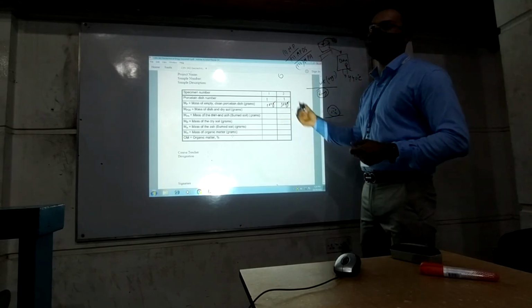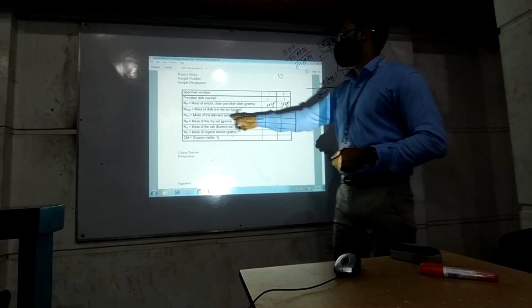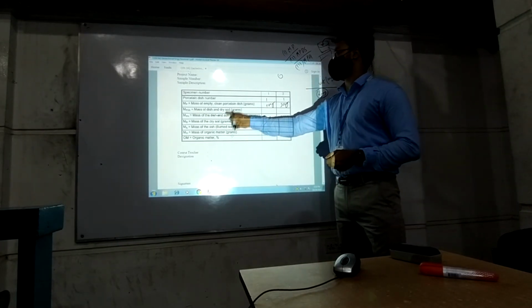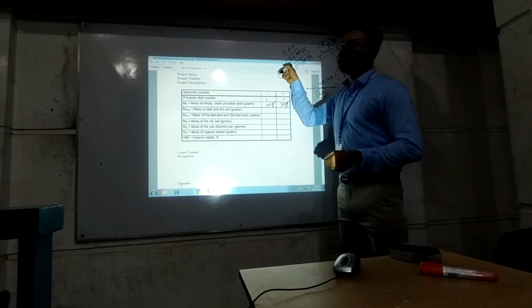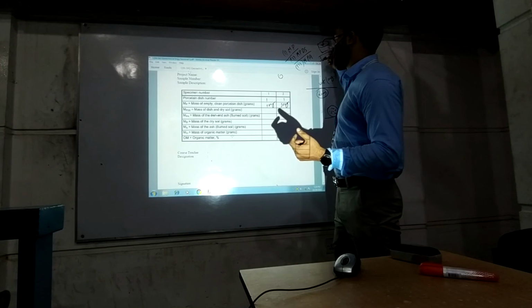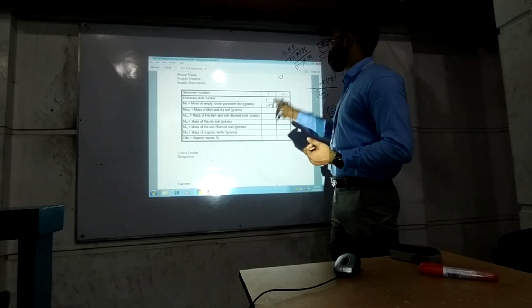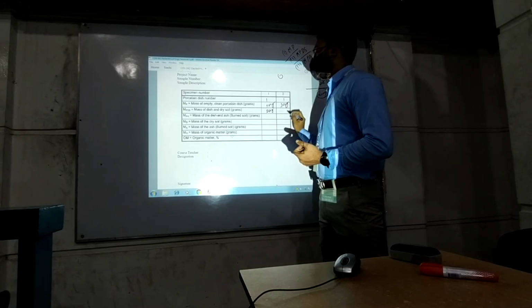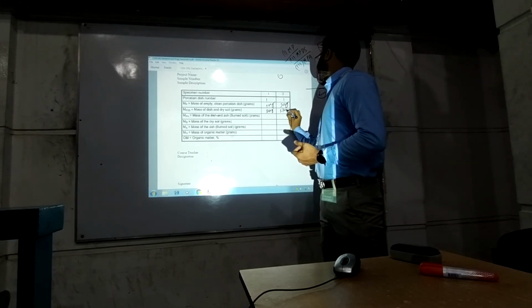Each group will determine 100 gram because it is a constant. Now we have to determine the mass of dish plus dry soil, that means MPDS. After putting the oven dried soil into the dish, you have found it 180 gram. Another group found it 170 gram.